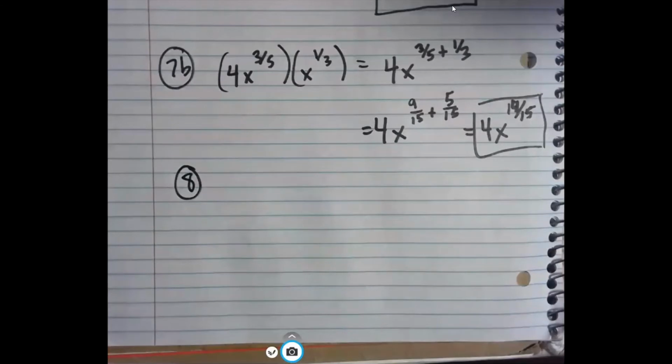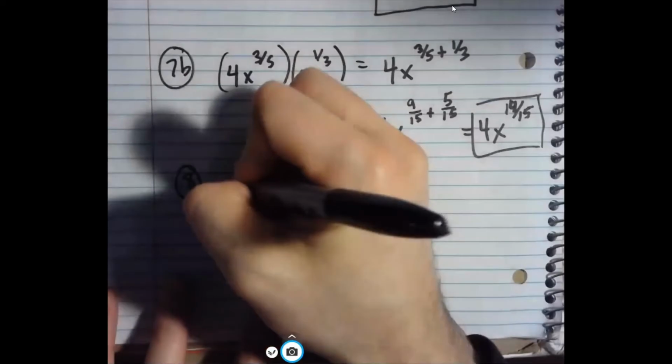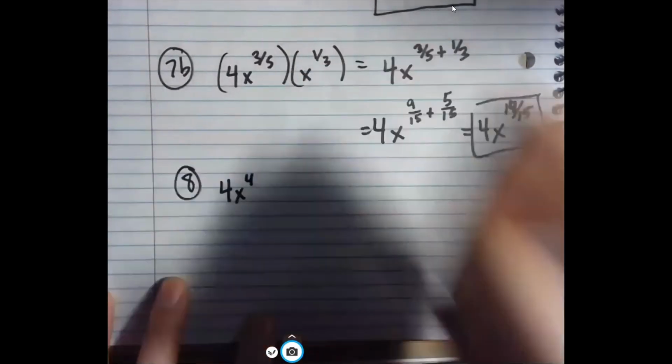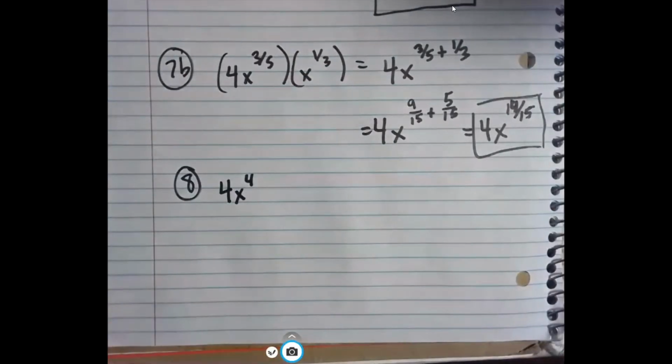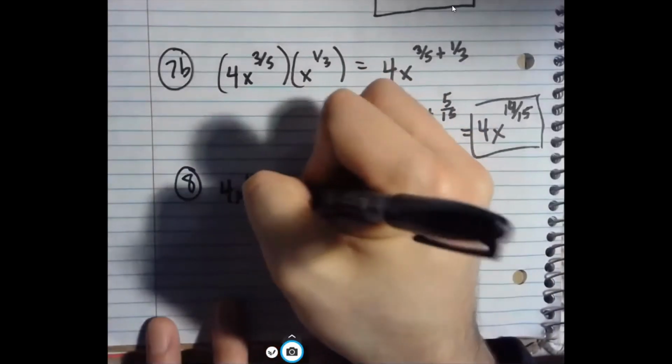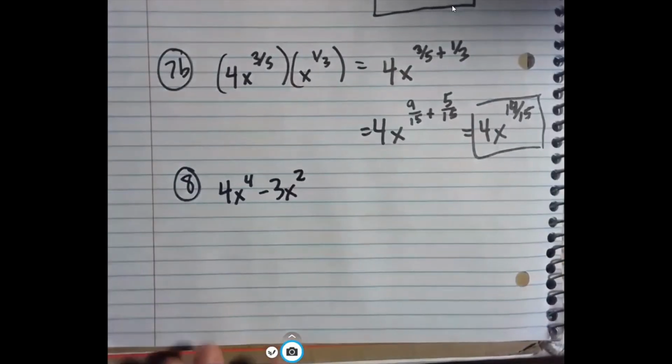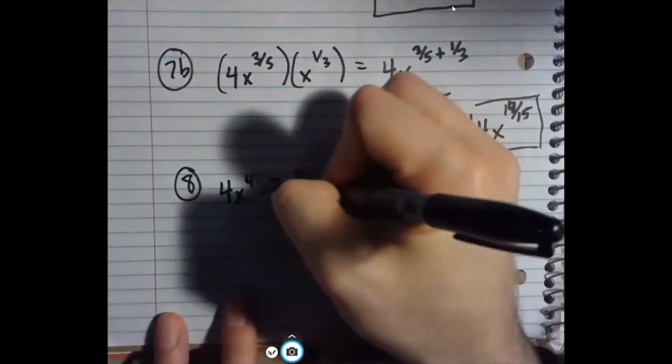Okay, number 8, it says write the polynomial x plus 4x to the 4th minus 5 minus 3x squared in standard form. So in standard form, we want to make sure we get our terms with the largest exponents first. So we have 4x to the 4th minus 3x squared. And then we have plus x minus 5.